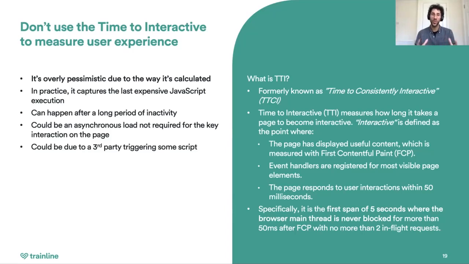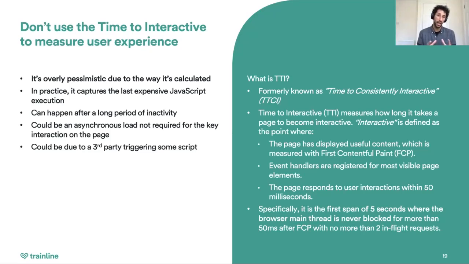That moment where the website is interactive for your users. And that sounds great, but actually in practice, that metric doesn't really work. It does work, but doesn't work for optimization work, because it doesn't paint what the user actually experiences. And that's due to how it's calculated, and you've got the definition on the right.